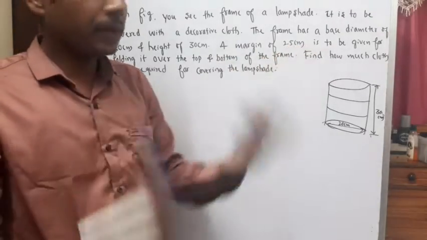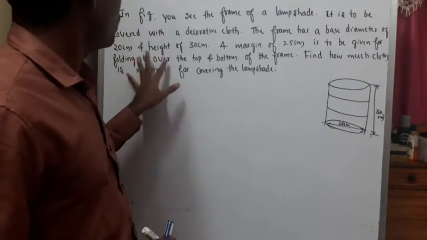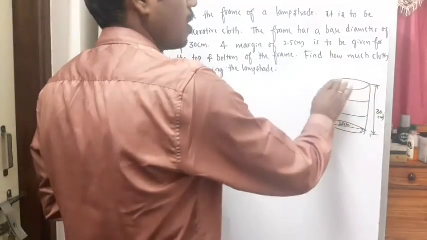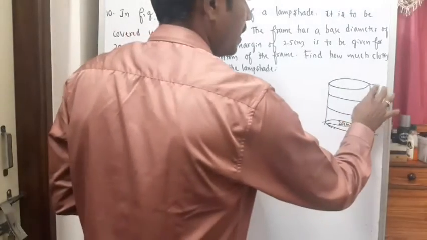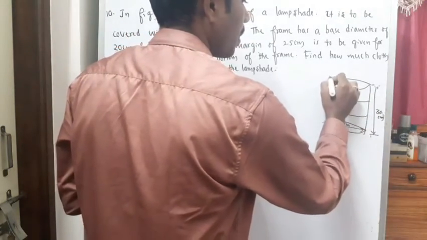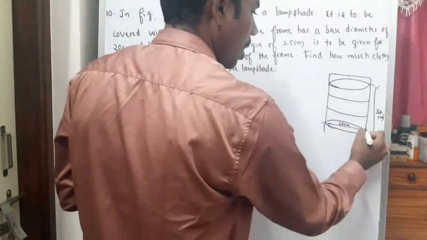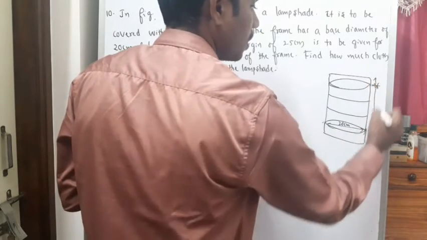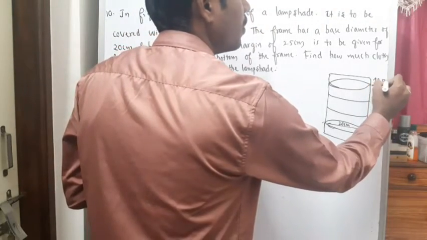2.5 centimeter is to be given, that extra margin needs to be given for folding it over the top and bottom of the frame. So for folding it over the top and bottom, we need extra space. This extra space at the top and bottom is to be given for extra folding.